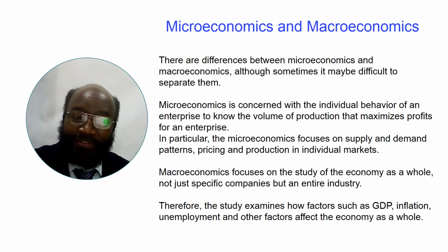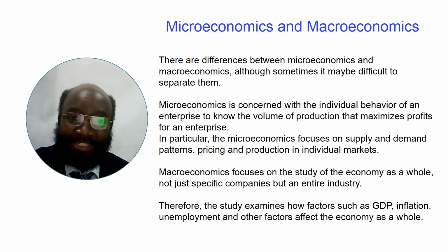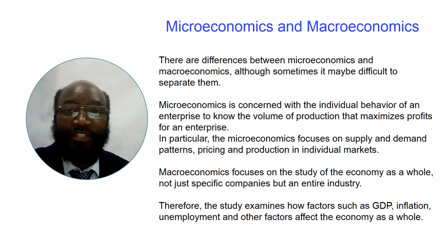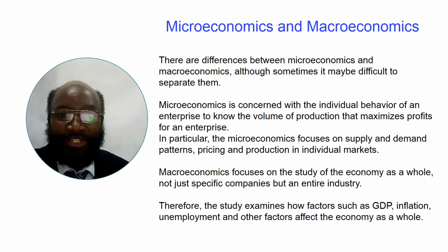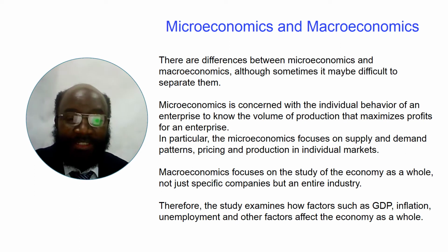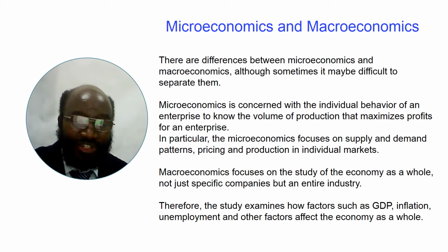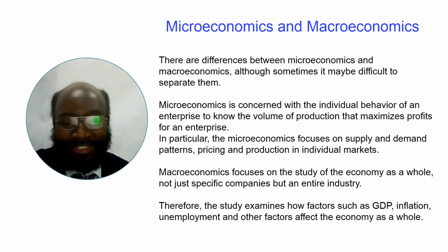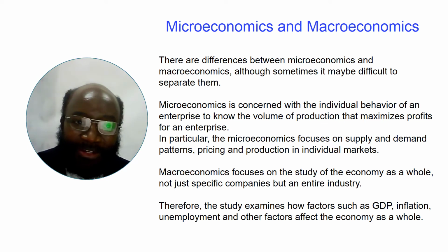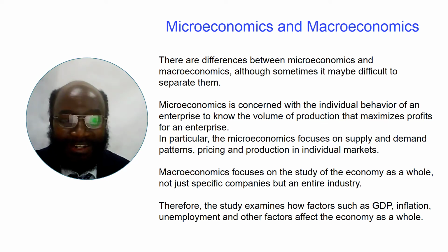You see, microeconomics studies individual behavior and the behavior of the enterprise, producer behavior. And the questions concerning price making, production opportunities, and so on, that is the aim of microeconomics.